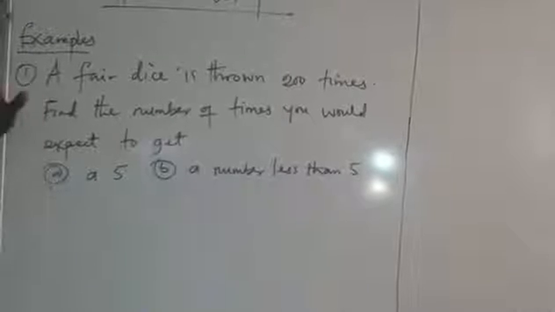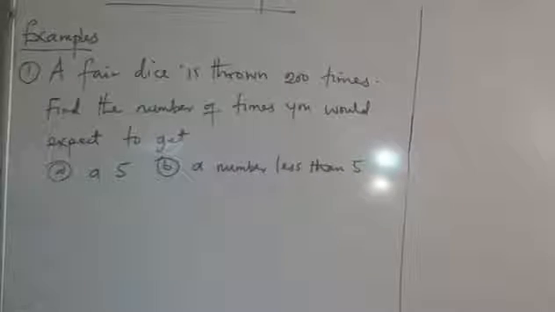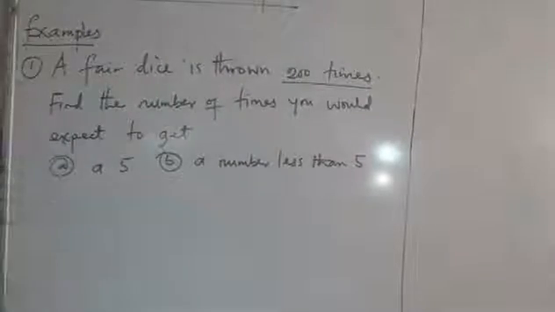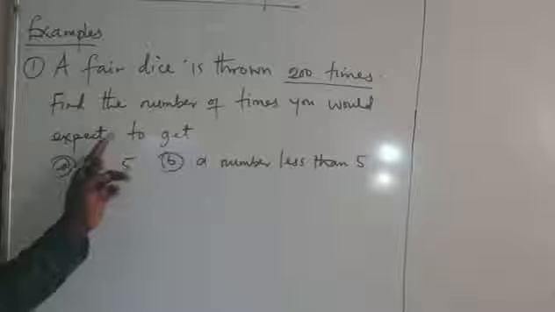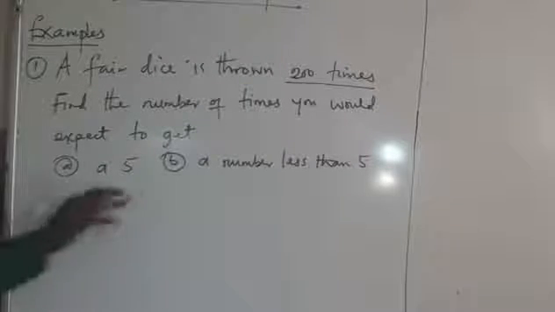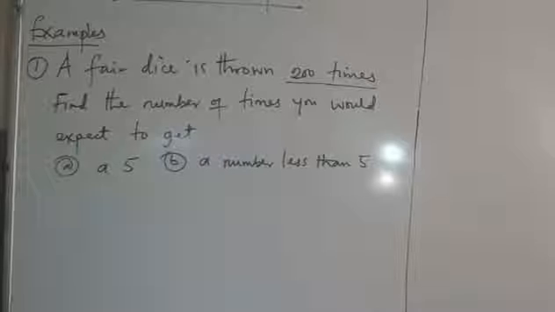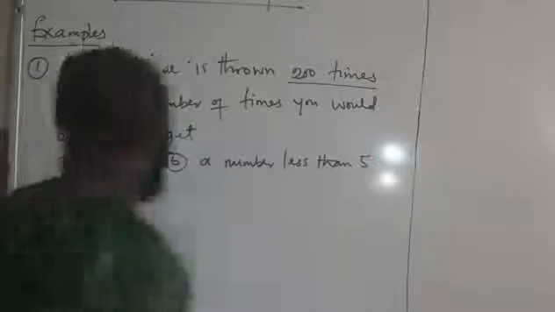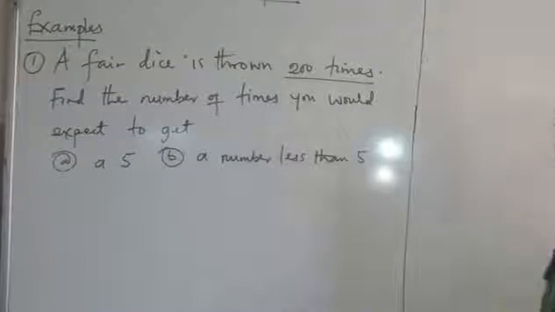Alright, this is the first example. A fair dice is thrown 200 times. Find the number of times you would expect to get a 5, and then a number less than 5. We're not given the relative frequency, so the first thing you need to do is get your relative frequency. How are you going to do that?